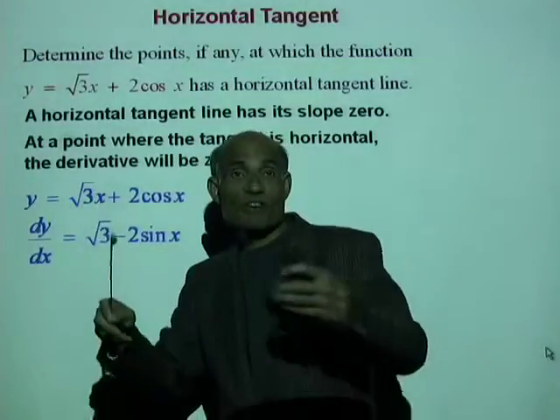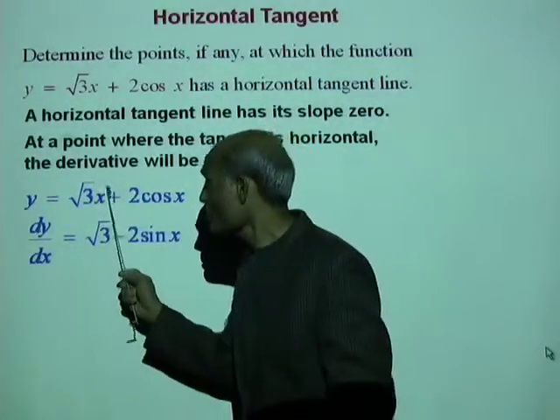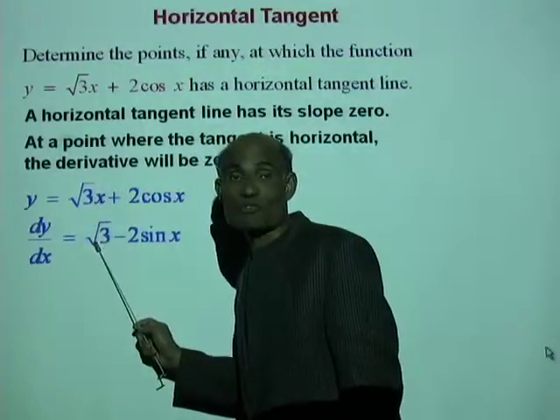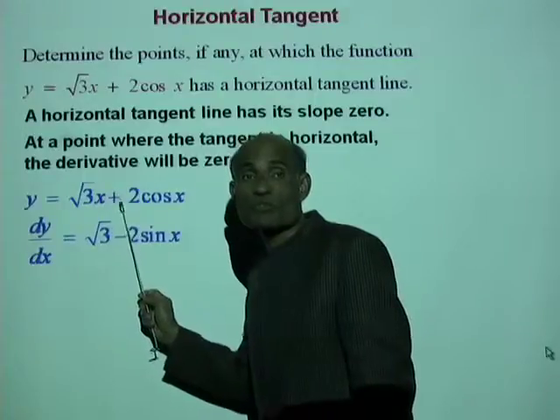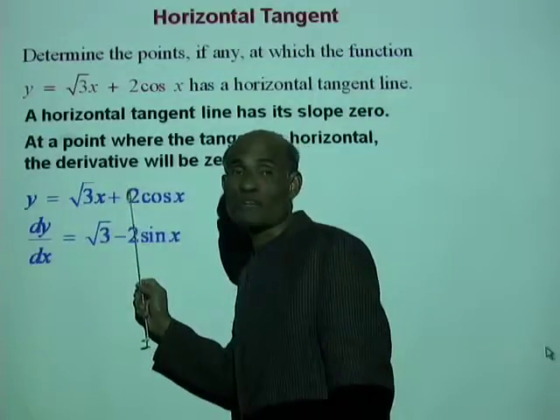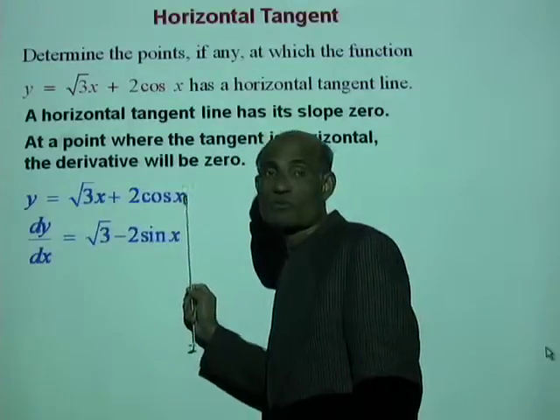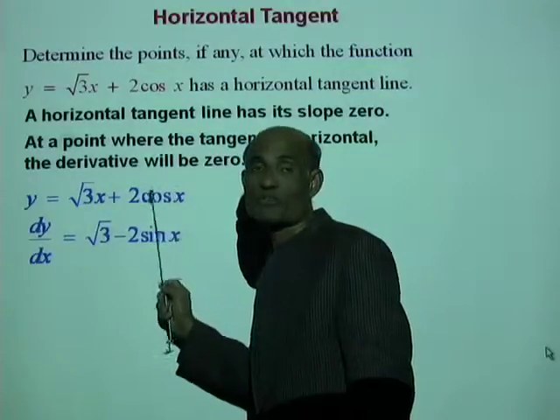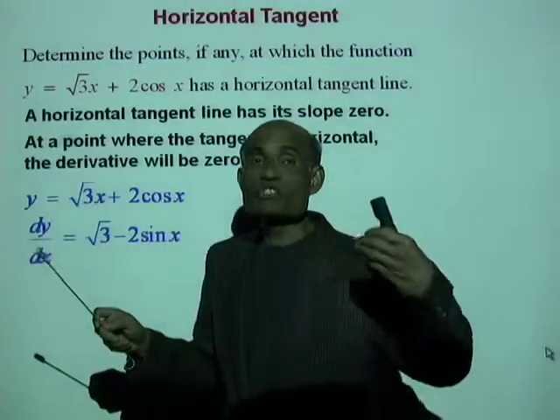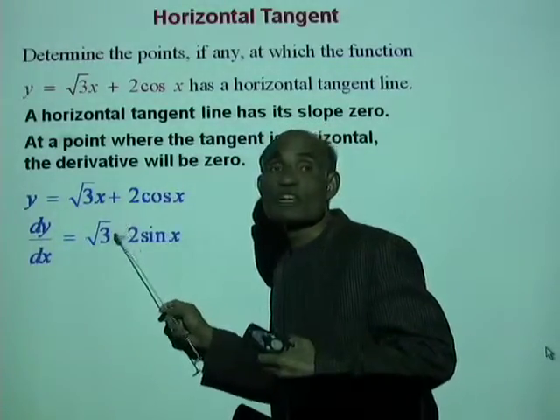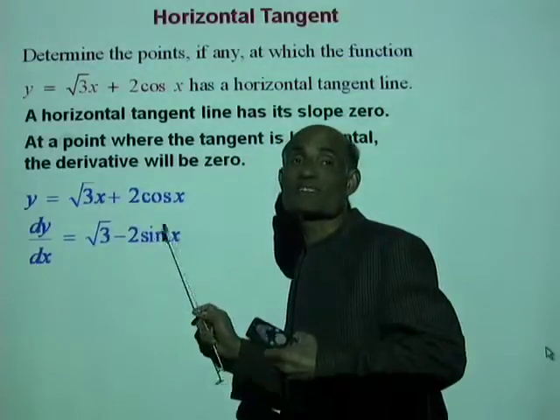It's like 2x, 5x, and so on. So what is the derivative of square root 3 times x? The square root 3. And what is the derivative of 2 cos x? If you leave the 2 alone and find the derivative of cos x, the derivative of cos x is negative sin x. The derivative of 2 cos x is negative 2 sin x.